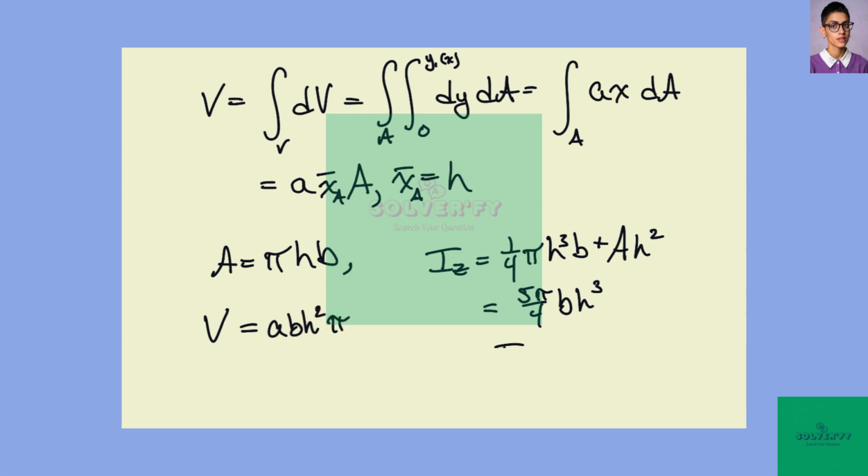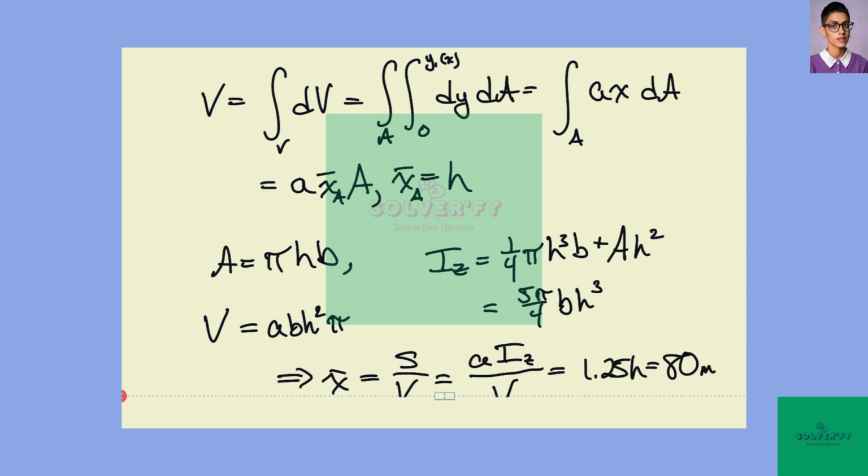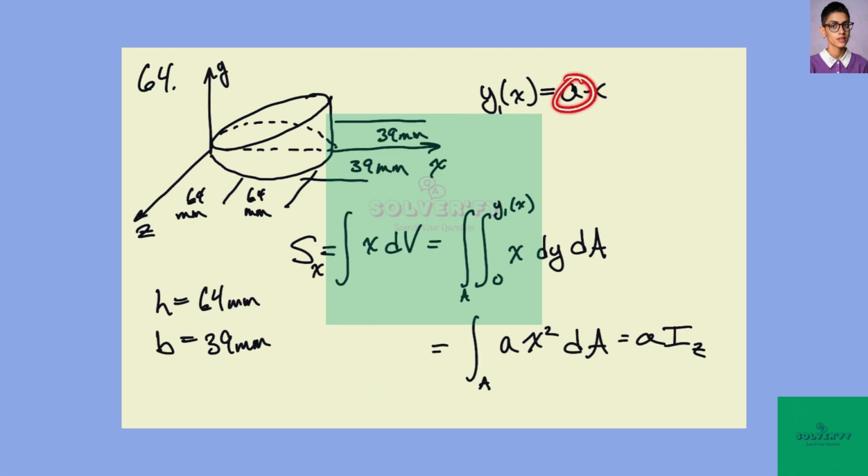And we can then figure out that x bar is Sx divided by the volume. Sx is a times I about the z-axis, and then we have that over the volume. And we can plug everything in here, and what we see is that this a cancels with this a, so it turns out that it actually doesn't matter what this angle is.